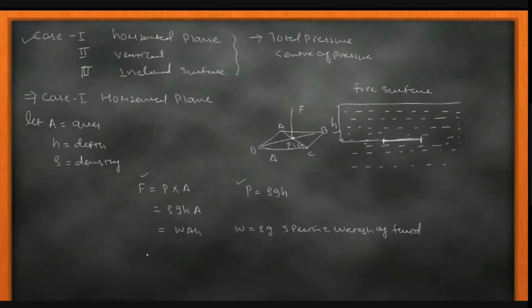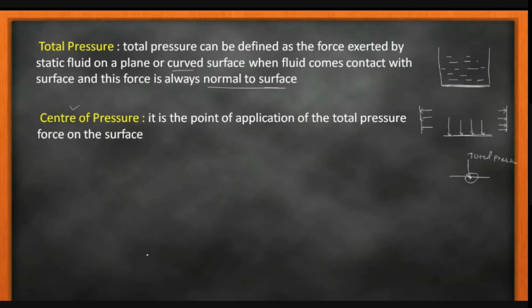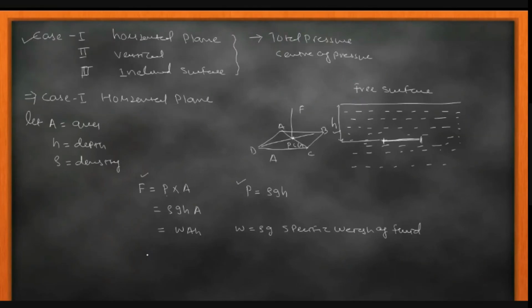Before ending this lecture, I just want to revise. Today in this lecture, we started with static forces, and we defined two important points, center of pressure and total pressure force. And we discussed three cases. The first case is very simple: a horizontal plane, where the uniform pressure is there, so the total force is rho g h into area, and the force acts at the CG itself.